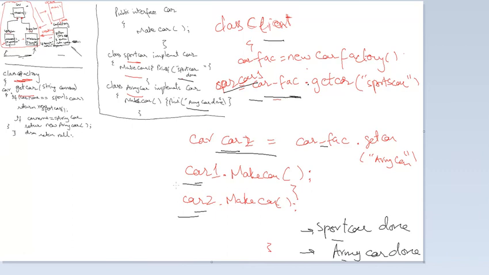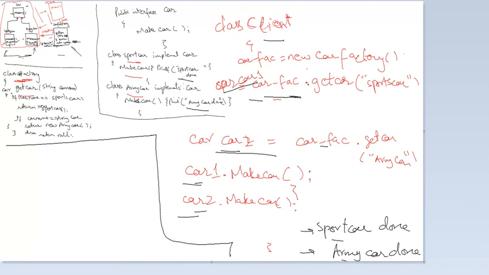So this is how the factory pattern will actually look like. I think it's very simply explained to you all. So I can really talk about some other real-time examples of the factory method.